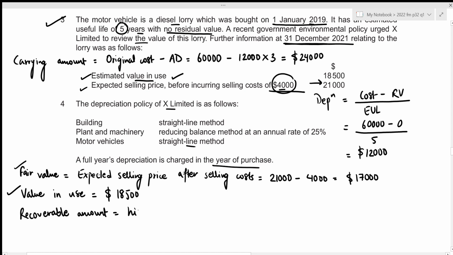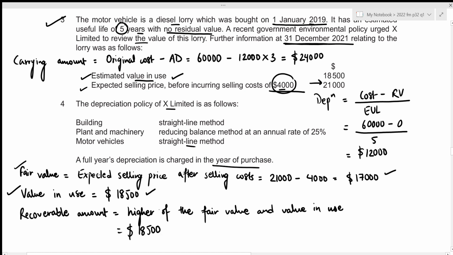I'm just going to write it down right here. Higher of the fair value and value in use. And in this case, we can see that our fair value is 17,000, whereas the value in use is 18,500, which means that our recoverable amount is going to be equal to the value in use, and that is 18,500.